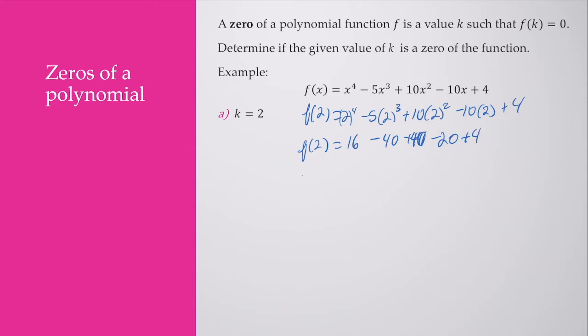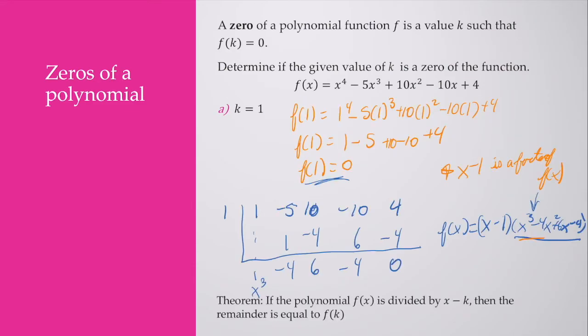And lo and behold, that would also be a 0. So now I know x minus 2 is also a factor. I just found previously that f of x is x minus 1 times x cubed minus 4x squared plus 6x minus 4, right? This is what we did on the previous page.